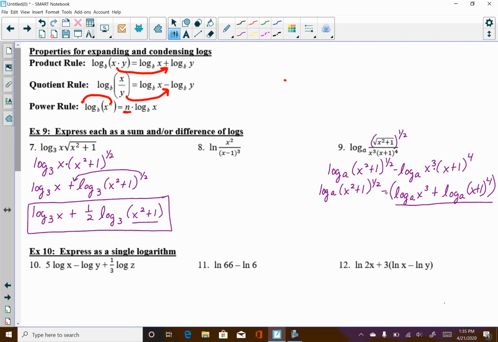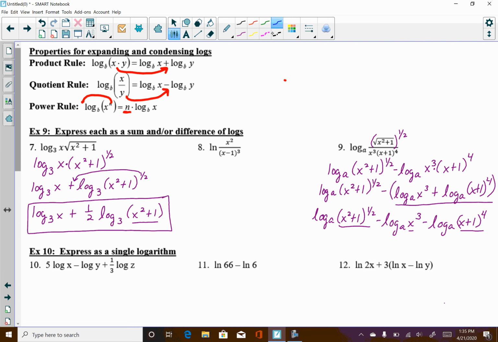So my next step would be to distribute that negative through that parenthesis so that I have log base a of x squared plus 1 to the 1/2 minus log base a of x cubed minus log base a of x plus 1 to the fourth. That way you have this first term, x squared plus 1 to the 1/2, minus tells me to divide by x cubed and also divide by the x plus 1 to the fourth.